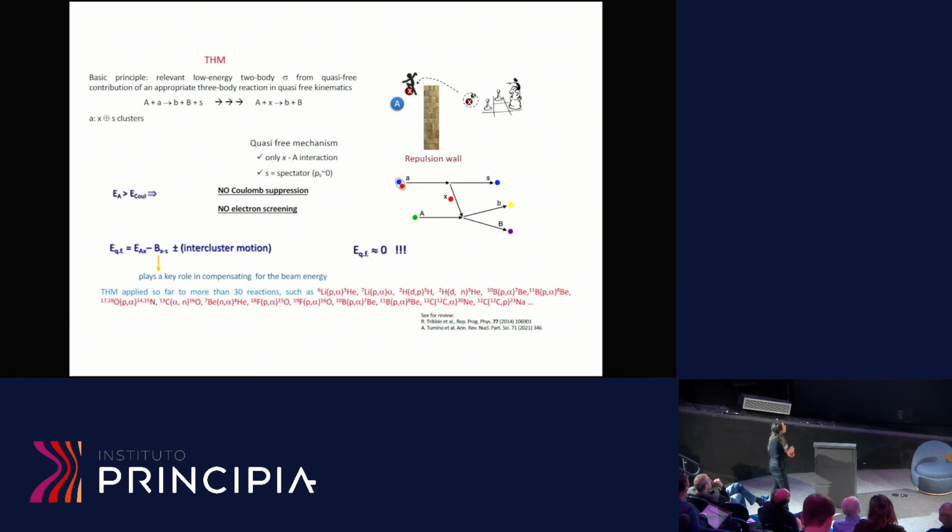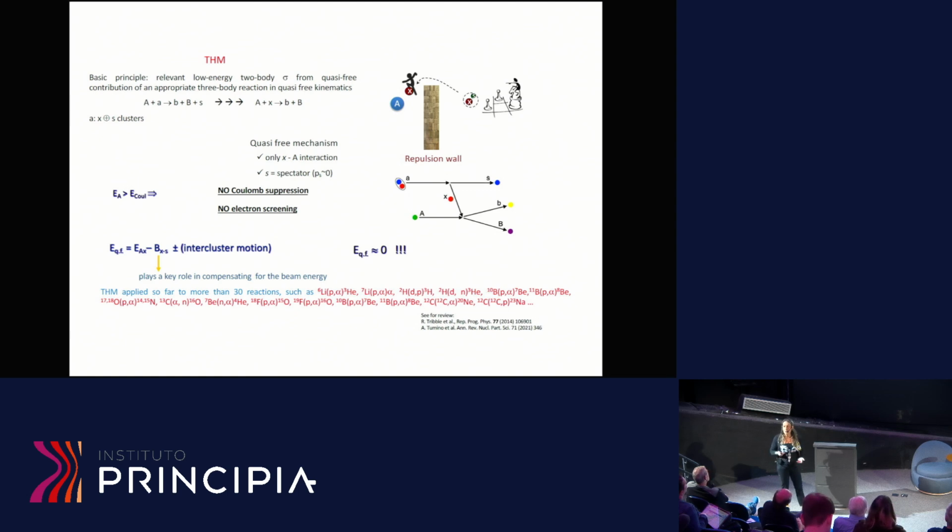Thanks to this relation that comes from the energy conservation principle, you get what we call the quasi-free energy. This is exactly the interaction energy between these two objects, which can be as low as you want. It can also be zero, it can be negative.